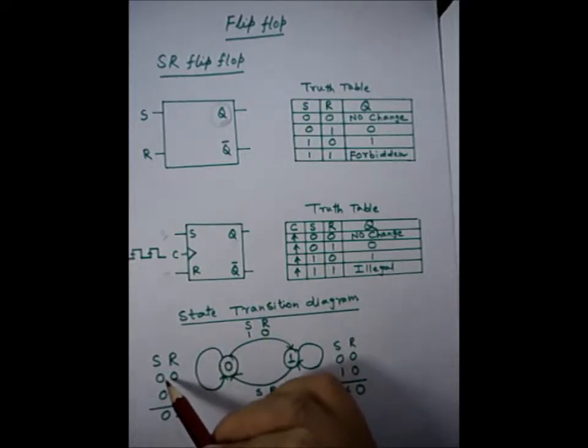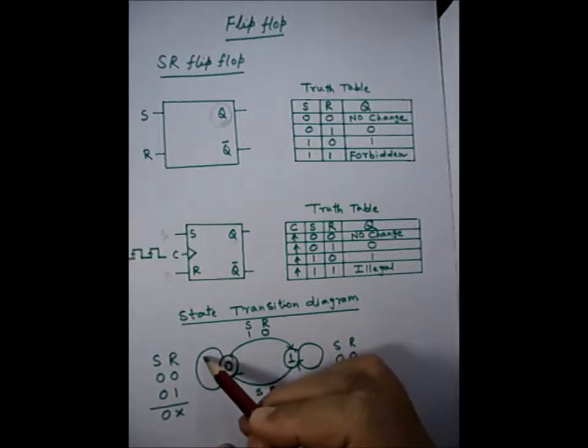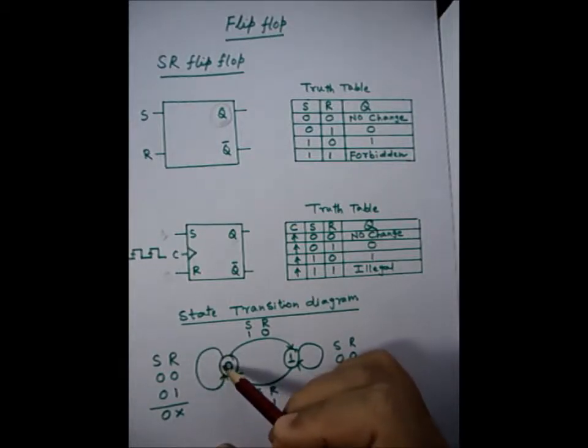Therefore, if I assign S equal to 0 and R equal to 0, and the positive triggered clock pulse arrives, the output remains 0. That is the symbol I have taken, that it remains 0.